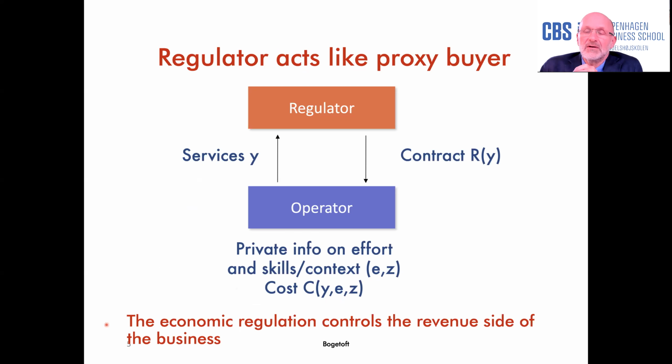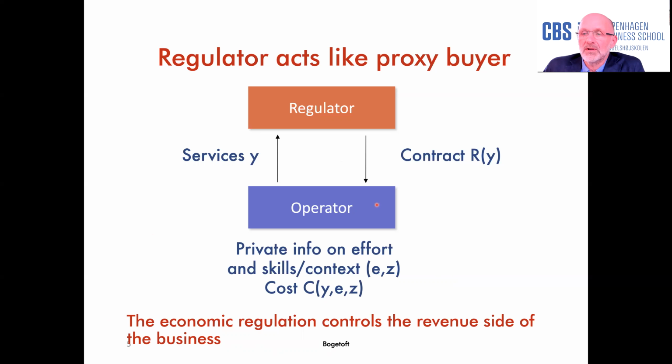In these regulatory settings, the regulator normally works as a proxy buyer of services. The operator of a network supplies some services here to the regulator, and as payment for that, the regulator puts up a contract beforehand saying that if you supply so and so, I will pay you this amount R(Y).